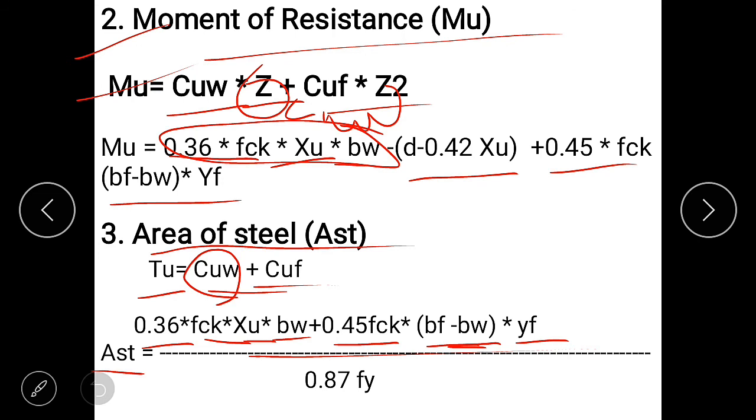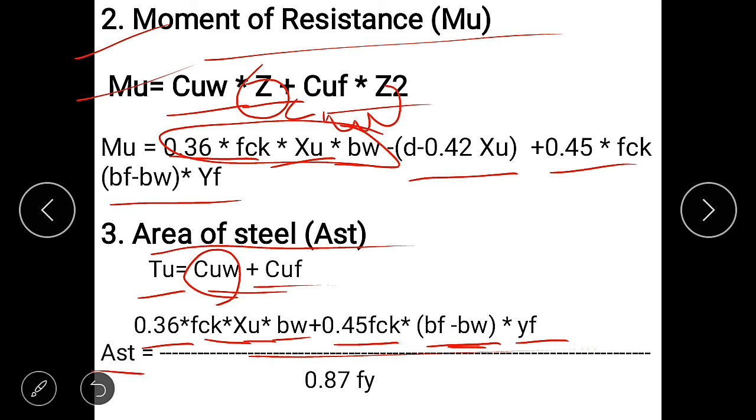So when we are solving a problem, firstly you have to consider which section, of a T-beam, applies: case number 1, case number 2, or case number 3. Firstly we have to find between which section our neutral axis lies.